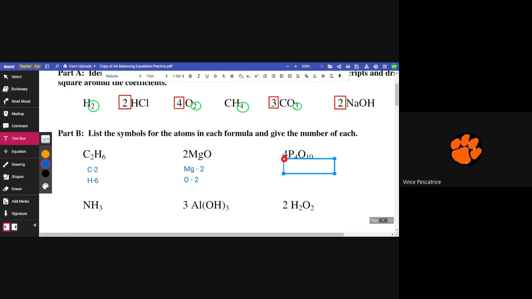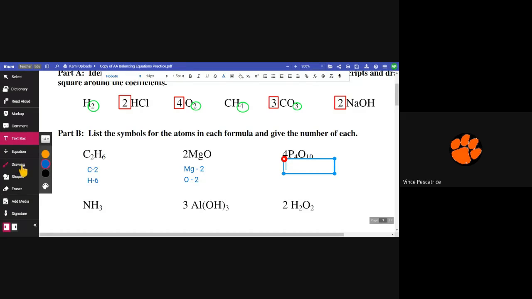How many P's are on this one? 4. 4 is correct. Now, don't forget about the coefficient in front. So if there's 4 groups of P4O10, how many? Say it again. 8. Okay. So in coefficients in math class, you know how you multiply everything by the number that's in front of the parentheses? Yes. Okay.